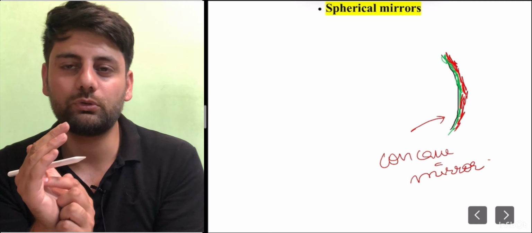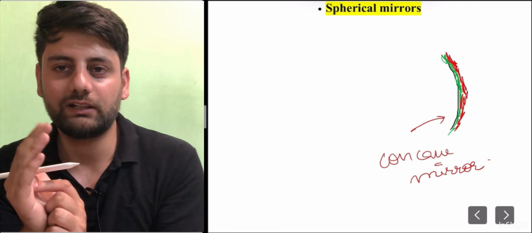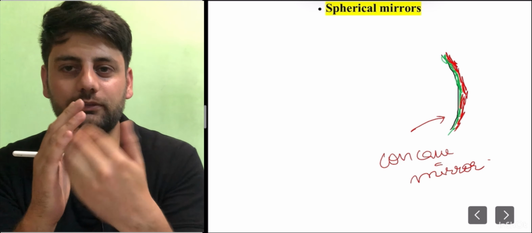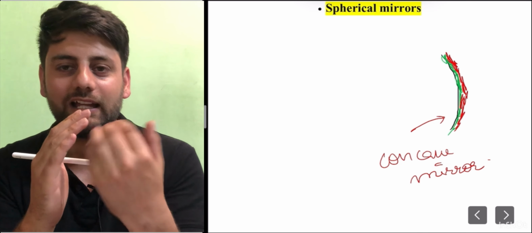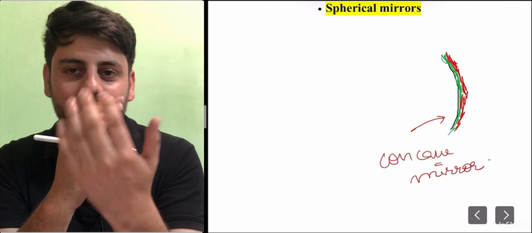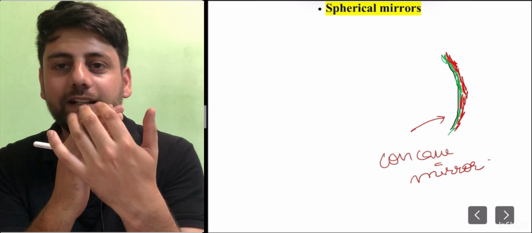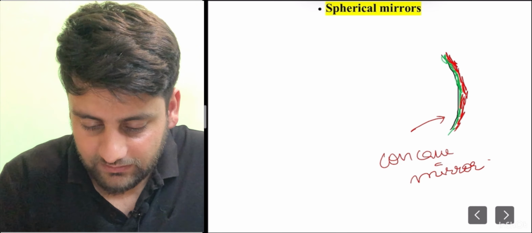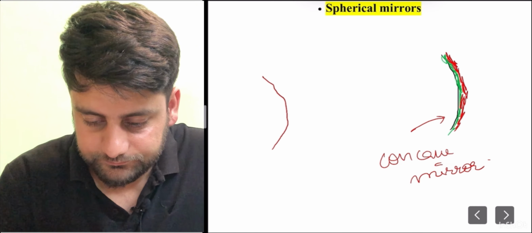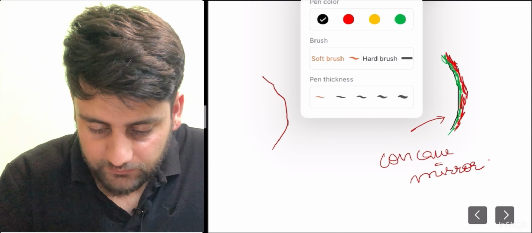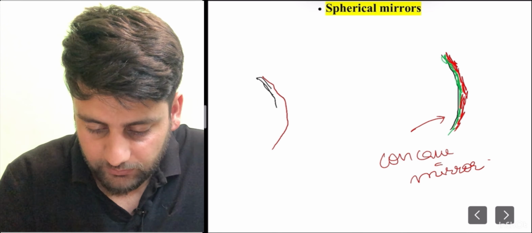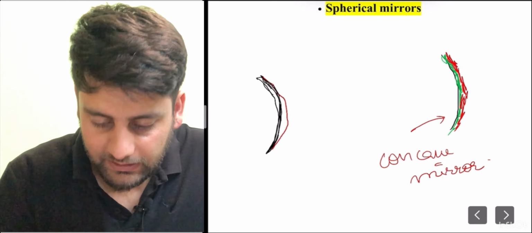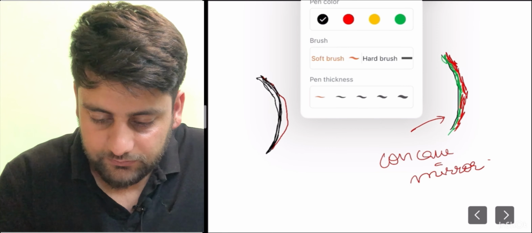But if you do the reverse, that means if you coat it from inside, silver paint from inside and then red paint from inside, then this will be your reflective side now. So this is your convex mirror. Suppose this is my mirror, and you paint it from inside.